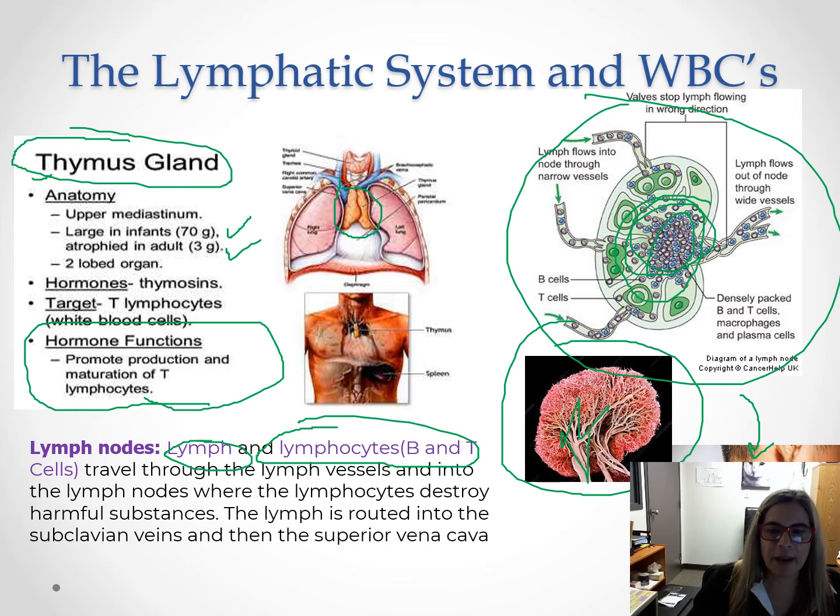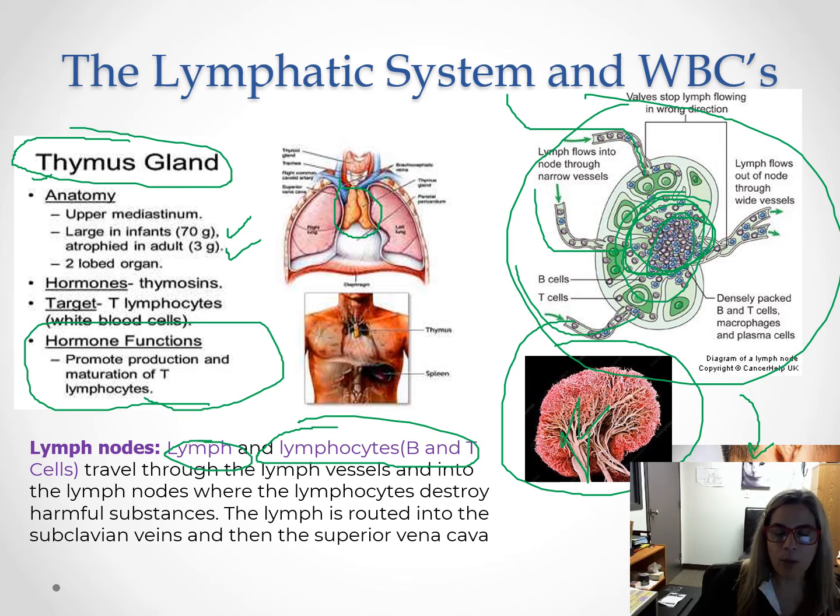And when the lymph travels into our lymph nodes, coming through our lymphatic system, a lot of times there's pathogens in there, and so what will happen is those lymph nodes will activate the B cells and T cells in destroying those harmful substances.